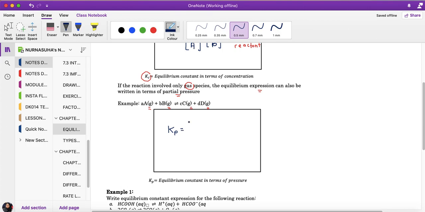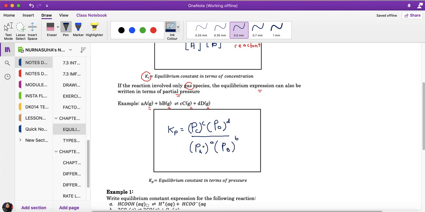The concept is the same, product over reactant. The way we write it is partial pressure of C to the power of c, times partial pressure of D to the power of d, divided by partial pressure of A to the power of a, times partial pressure of B to the power of b.